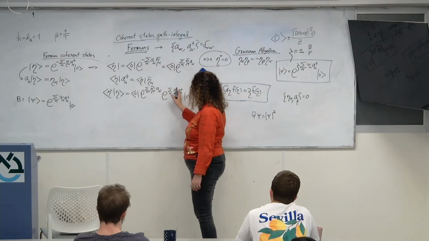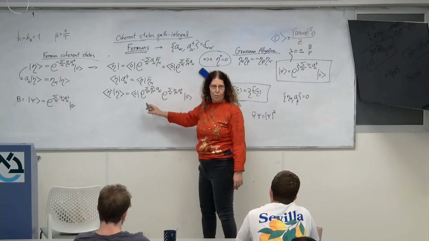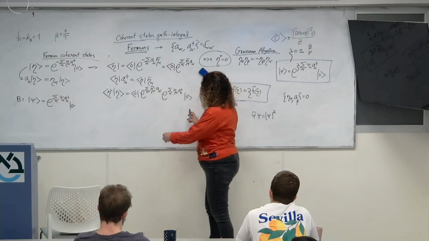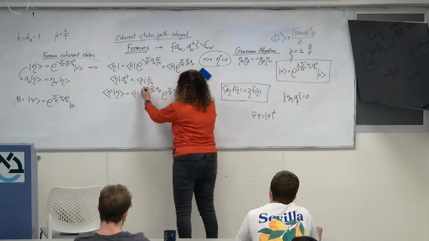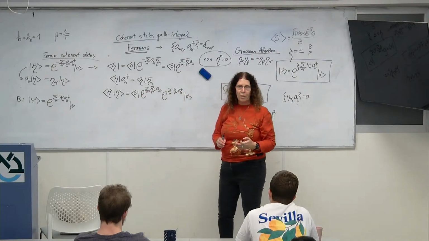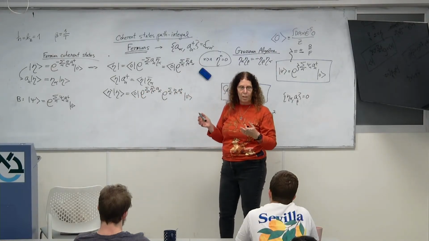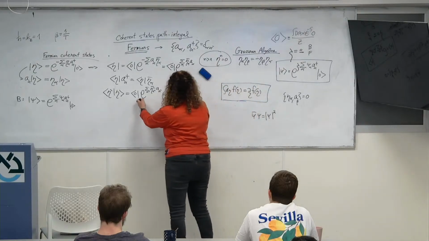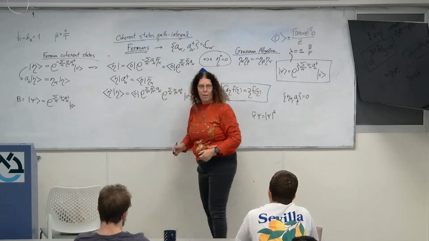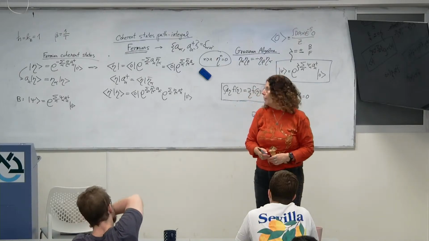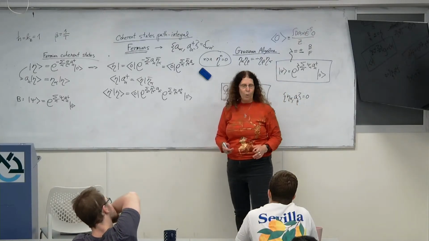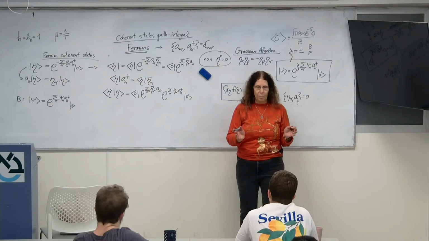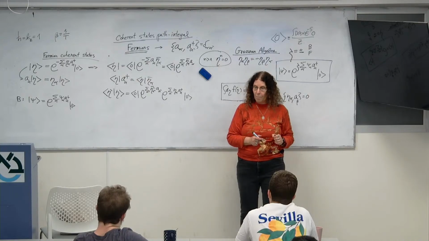Now I need to compute this, and it gives me some number that is even under interchange, so I can take all of this outside of the inner product, and the inner product of the vacuum is 1. Okay, right?